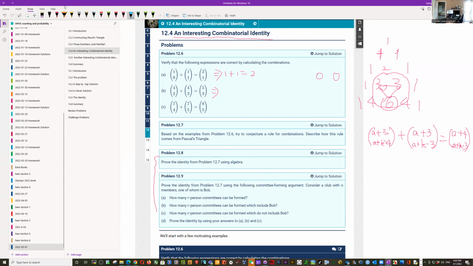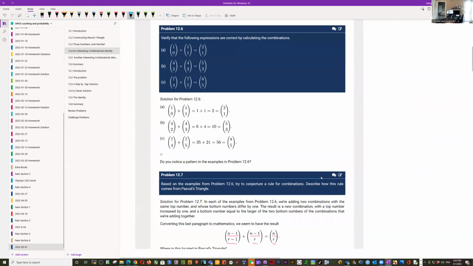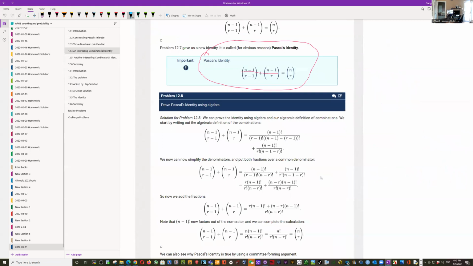So let me just show how you prove it in 2 ways. So basically, this is n choose r minus 1 plus n choose r equal to n plus 1 choose r. You kind of just use the definition of it. So this one, you are able to expand the definition.